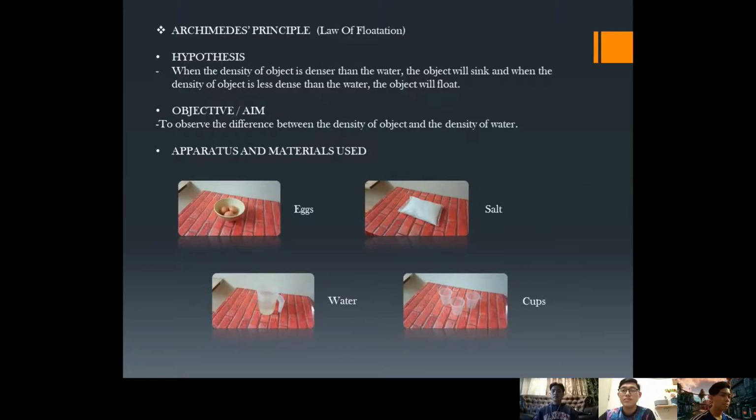Archimedes principle, law of flotation, hypothesis: when the object is denser than the water, the object will sink, and when the object is less dense than the water, the object will float. Objective or aim: to observe the difference between the density of object and the density of water. Apparatus and material used: we need eggs, salt, water, and cups.